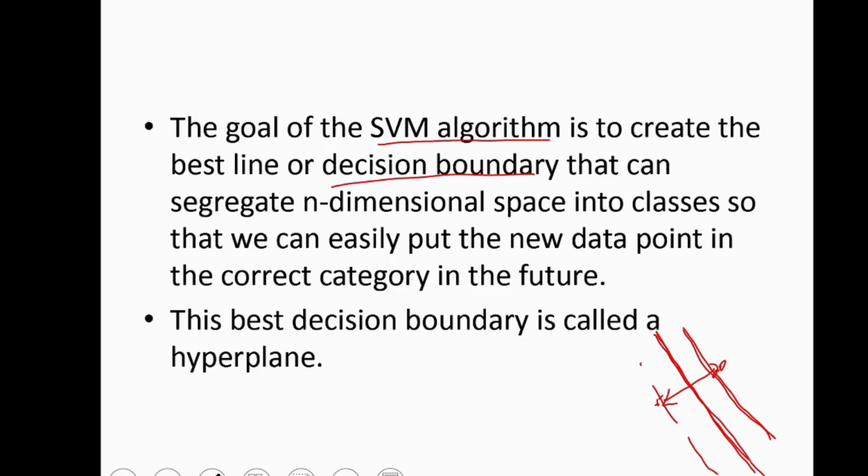That is called the best line or the best decision boundary. So we can correctly categorize any new point using this plane, whether it comes in the cat or the dog class. This is just an example. You need not mention explicitly cat or dog. I just used that for you to understand. You can say class 1 and class 2 instead.